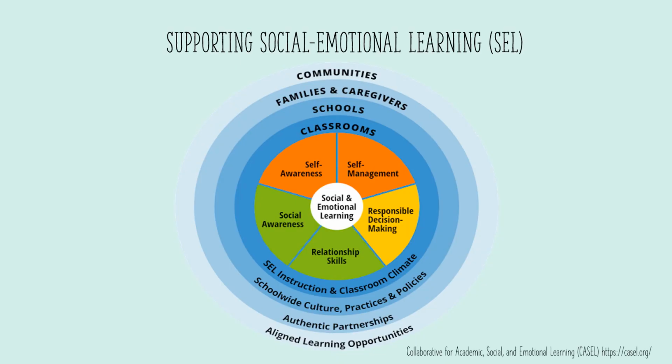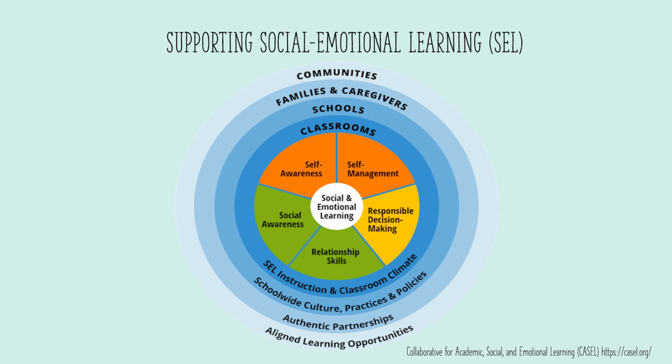The Collaborative for Academic and Social-Emotional Learning, or CASEL, has identified 5 core competencies of social-emotional learning. Those competencies include self-awareness, self-management, social awareness, relationship skills, and responsible decision-making.